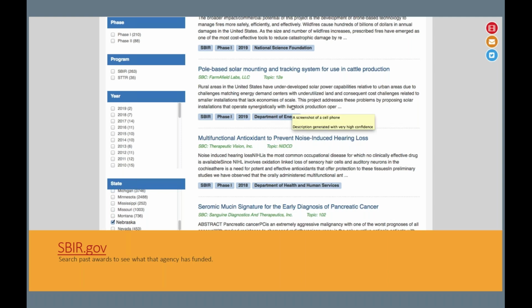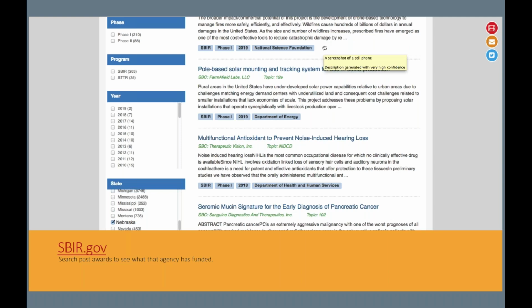So it makes sense when you think about it, but it maybe wouldn't naturally spring to mind. Same thing with the National Science Foundation. This is a drone-based technology to manage fires more safely, efficiently, and effectively. I wouldn't necessarily think of the National Science Foundation.